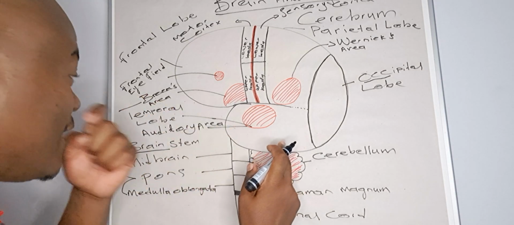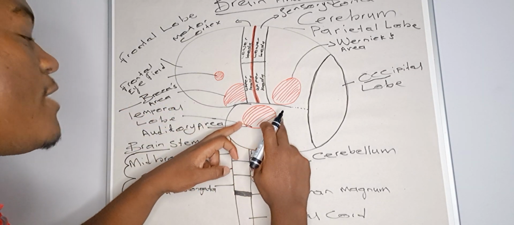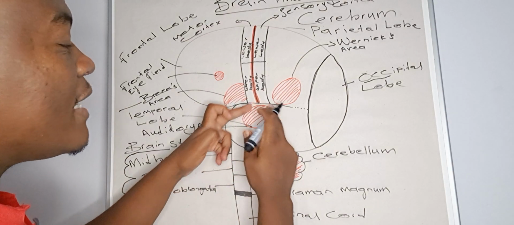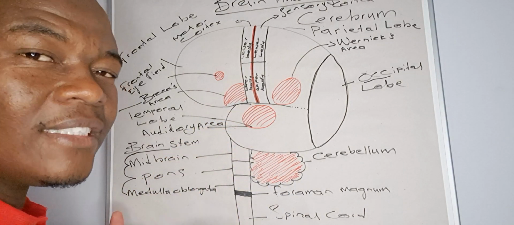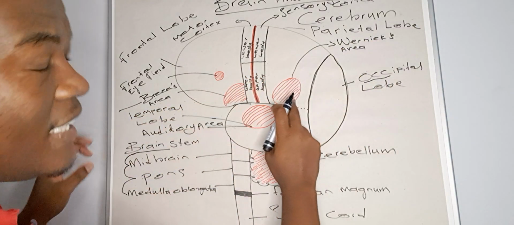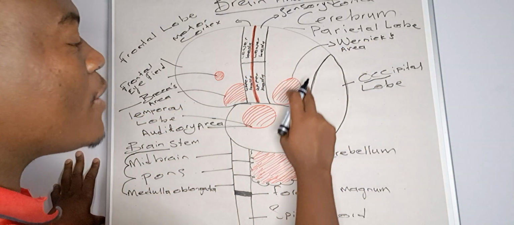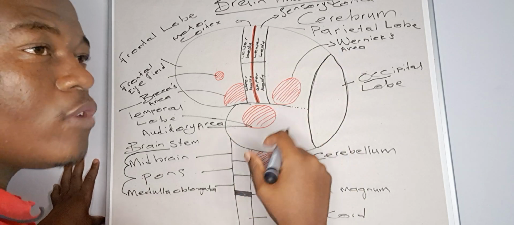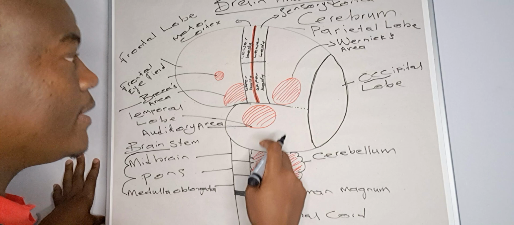In the temporal lobe, there is high sensitivity to sound in the auditory area, but this particular auditory area will not understand the interpretation of sound. The sound later will go to Wernicke's area. This is where you will have the meaning of the sound. This is where the speech of what you have heard will be generated.